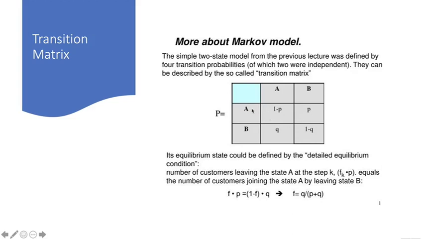So in total, given the current state A, the probability of becoming A or B totals 1.